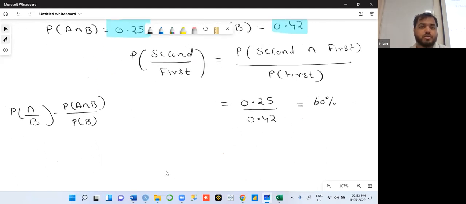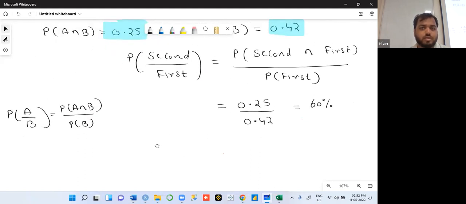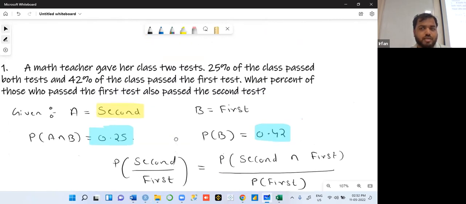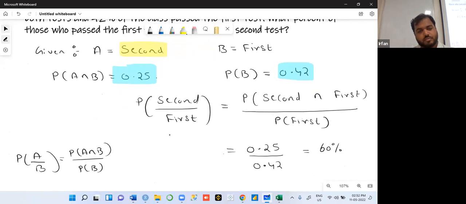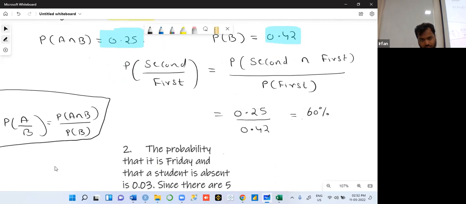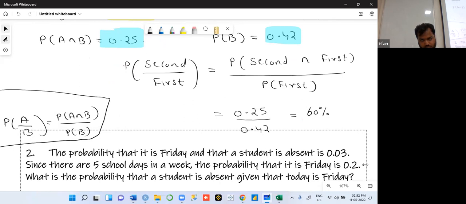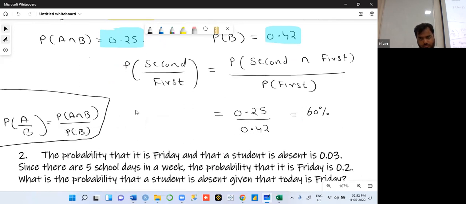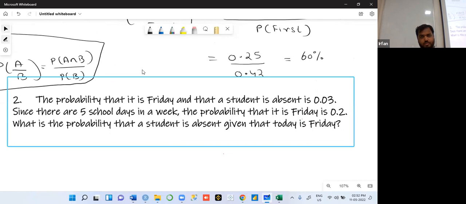Last example, guys. Shall I? You have written the example, just writing the solution, no? Write the second example, guys. This is the last example.